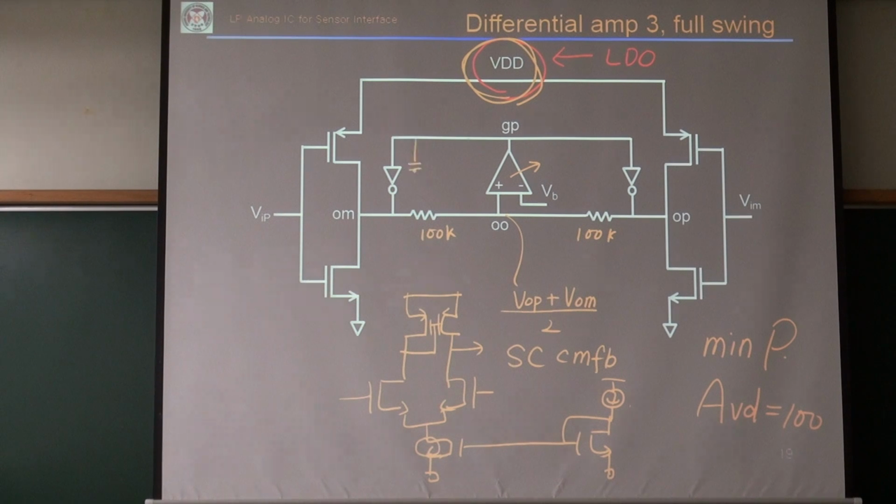We definitely need frequency compensation there. A simple capacitor, or maybe you may need something like an RC series feedback for frequency compensation. Other than this VDD, this is the same as the preceding circuit.